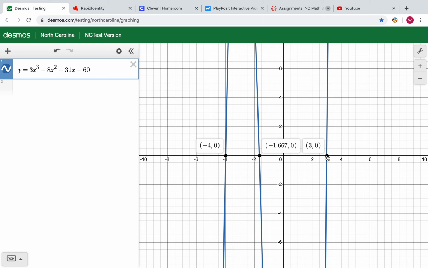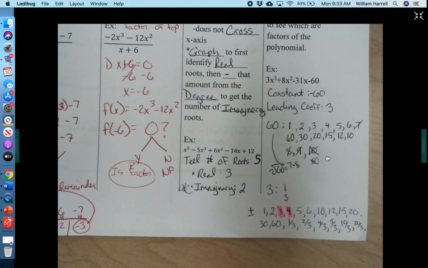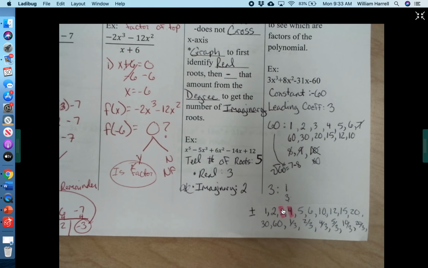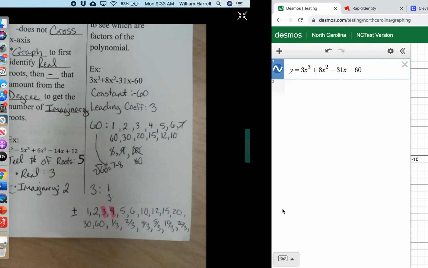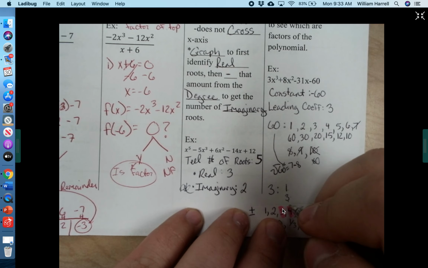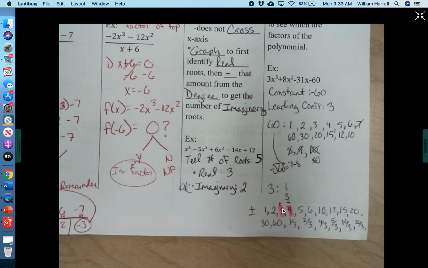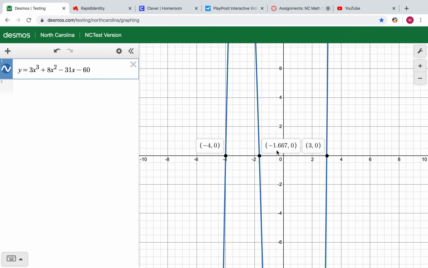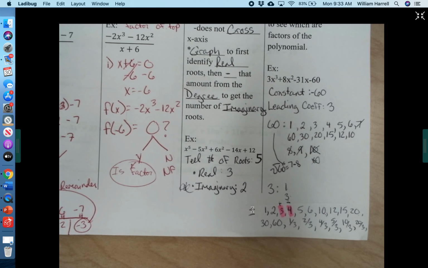Okay, so my real roots, or the ones that actually work, are -4, 3, and -1.667. So again, I highlighted -4 and 3. So 4 needs to be negative, 3 is going to be positive, and then -1.667. So it's got to be a decimal. It's got to be 0.667.